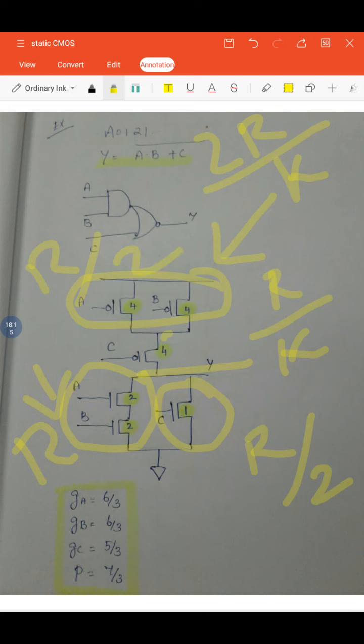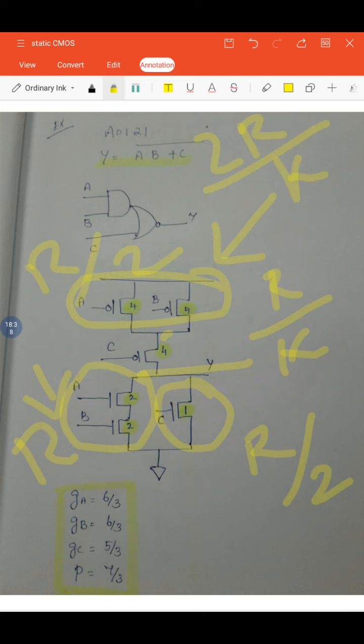If only one R by 2 is connected, then the rest, C, has to provide how much resistance? It must provide R by 2 resistance, so that the entire total resistance will become R. To make C as R by 2, again I have to choose the K size as 4.